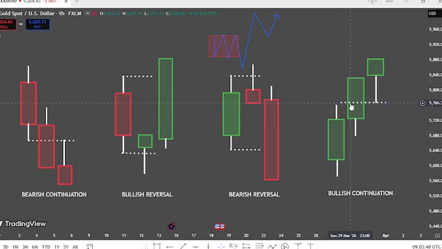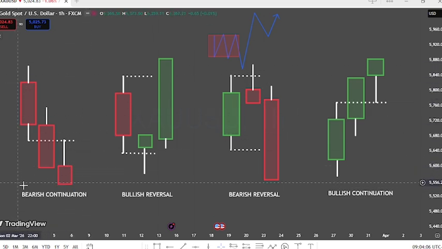Usually there is a fair value gap that is formed right here, which acts as a confluence for price to tap into and continue upward. The reverse is the case for a bearish scenario.